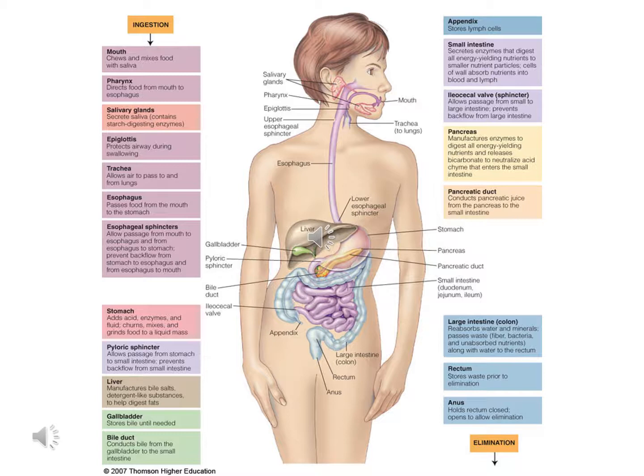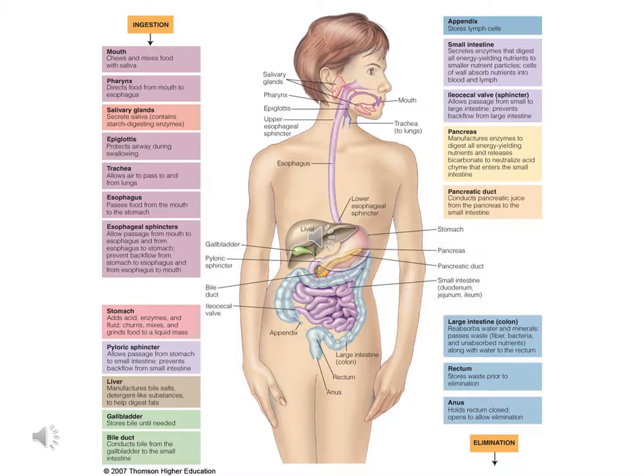Looking at figure 3-1 depicted in this slide, you can follow the path of the entire GI tract. Take a moment to review the makeup of the GI tract itself, noticing the many organs, sphincters, as well as accessory organs that are necessary for overall digestion and absorption.